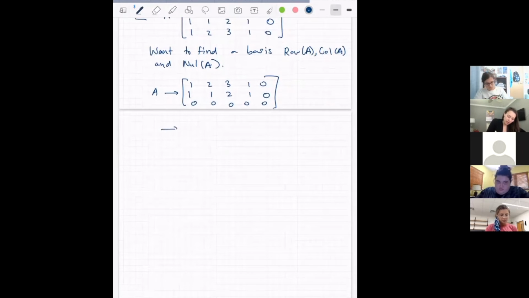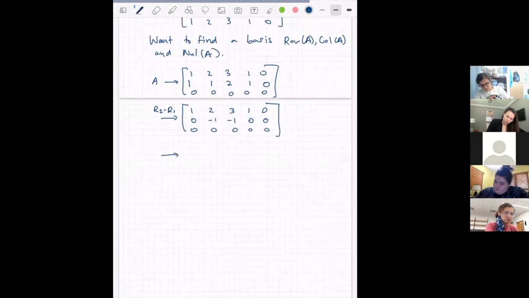And then we can take row 2 minus row 1. That will give us 0, minus 1, minus 1, 0, 0. And just to make this nicer, we can multiply by -1.